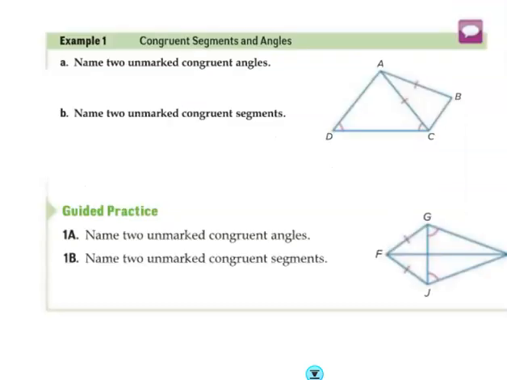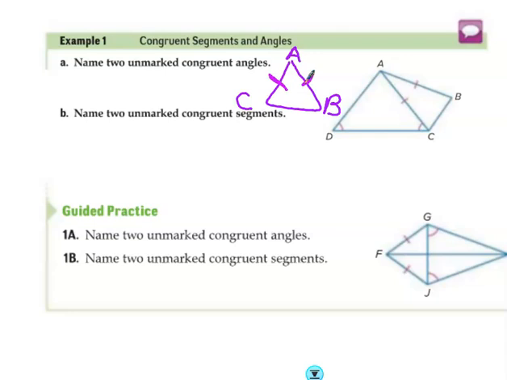All right, so name two unmarked congruent angles and name two unmarked congruent segments. I'm going to write them separately because we're talking about two separate things. So for the two unmarked congruent angles, I'm going to be looking at the triangle ABC because the sides are congruent.